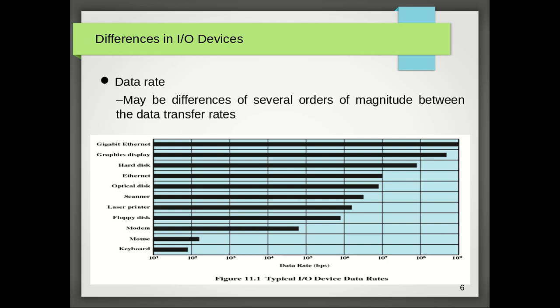Now what are the differences between these input output devices? So one is data rate. There may be differences of several orders of magnitude between data transfer rates. So these are the typical input output devices' data rates. For hard disk, Ethernet, scanner, printer, all three types of devices are there, and how they are different in terms of data rates is shown.